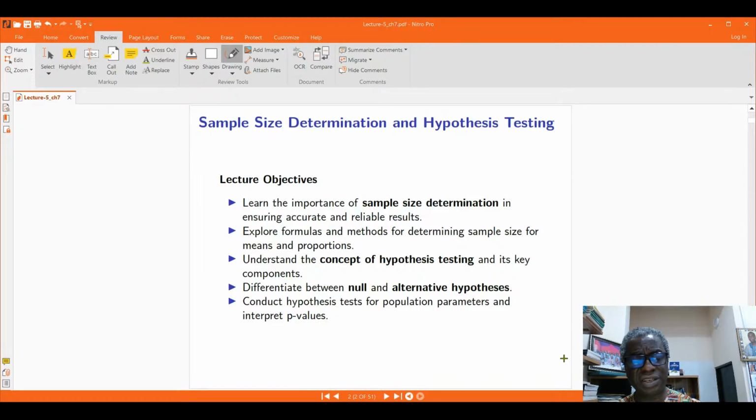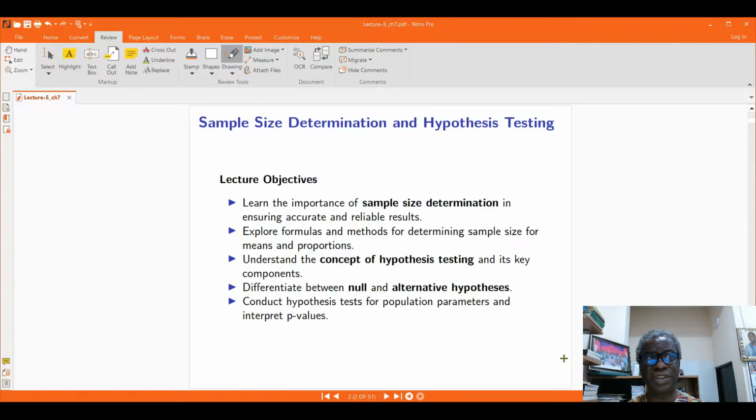By the end of the lecture, you will be able to understand the importance of determining an appropriate sample size. Two, you will learn how to calculate sample size for both population means and proportions. Three, you should be able to grasp the fundamental concepts of hypothesis testing, including null and alternative hypotheses.